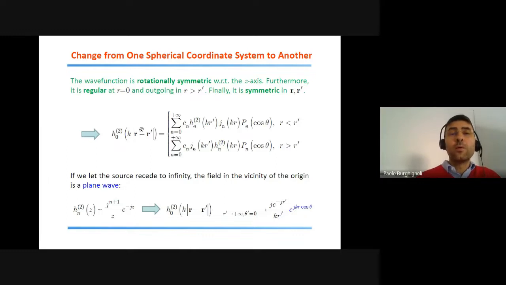So what we have is that our displaced wave function on the left-hand side of this equation should be written in terms of infinite summations, as you can see at the right-hand sides. Here we should distinguish when the radial coordinate is less than r', which is the above expression, from the situation when r is larger.